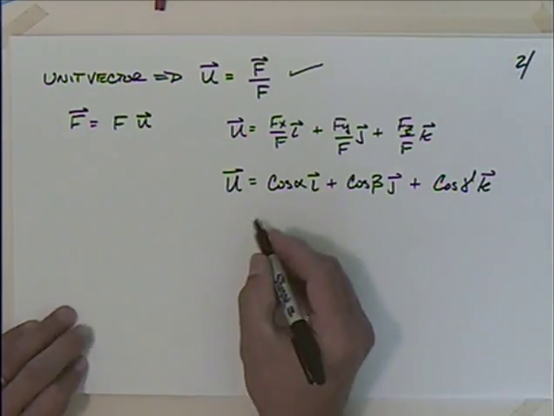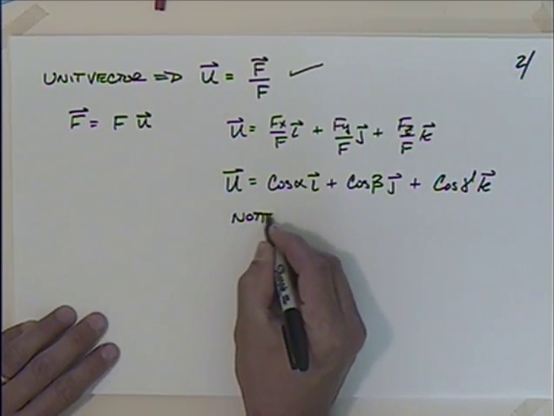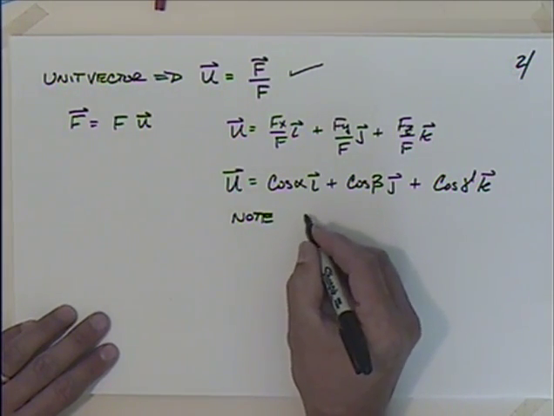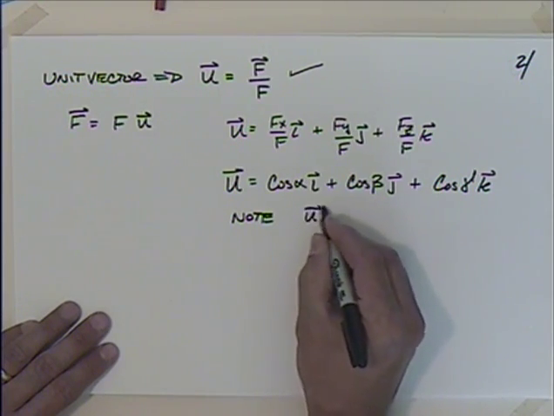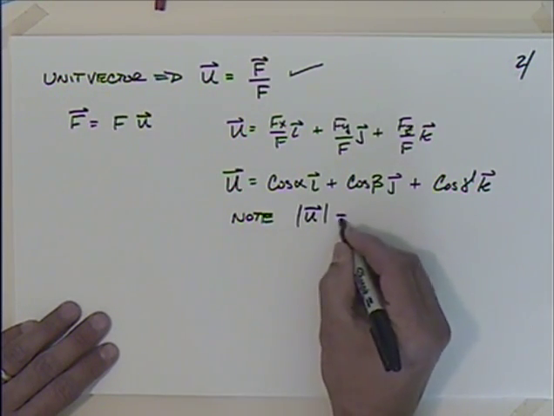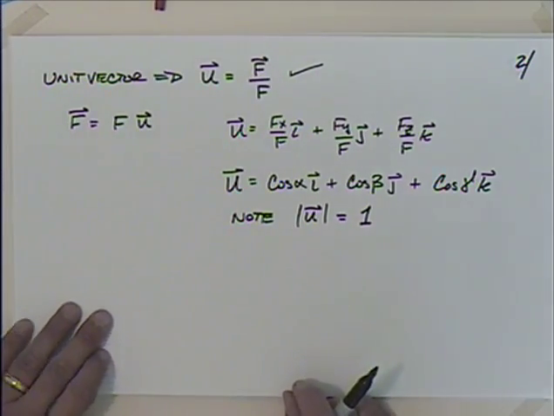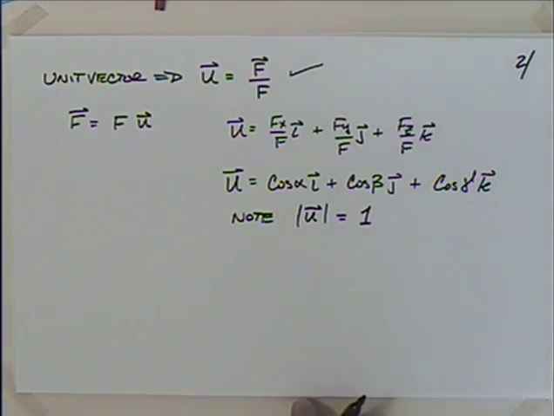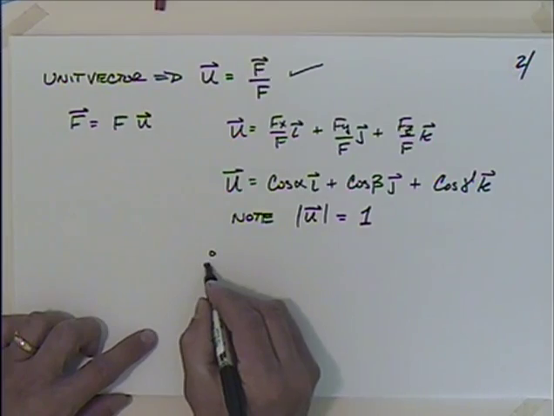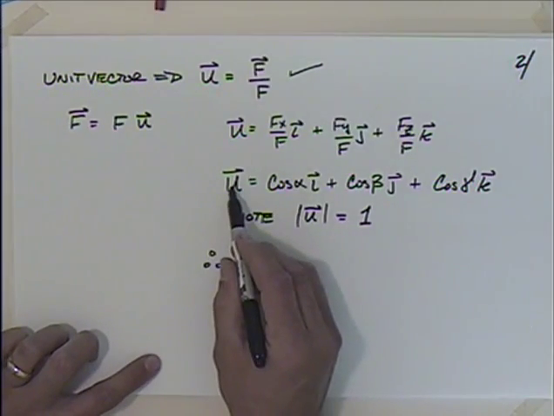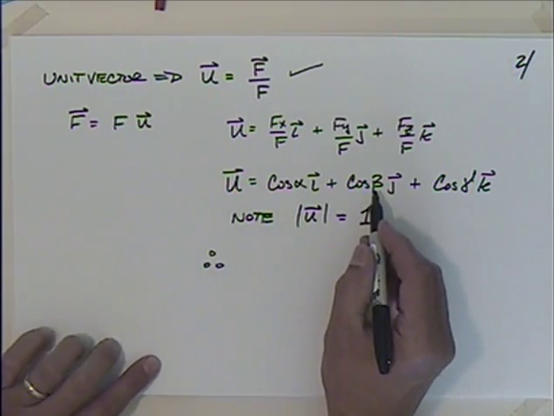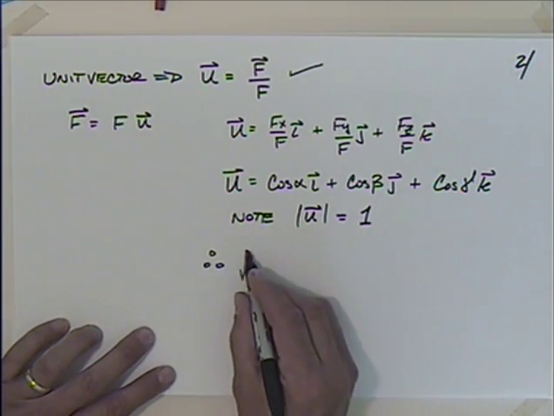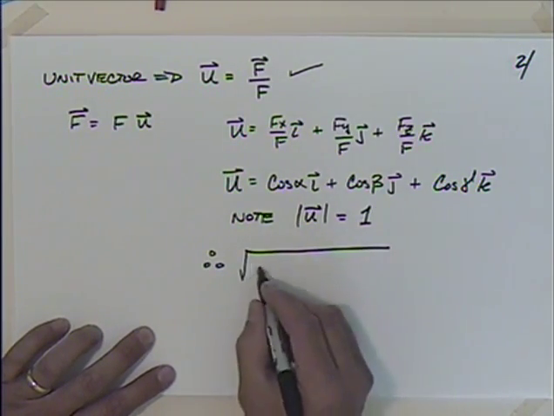Now if we remember, note that the magnitude of the unit vector has to be 1, doesn't it? We said the unit vector had a magnitude of 1. So we can say then, if the magnitude of the left-hand side has to be 1, what's the magnitude of the right-hand side? Well, that's fairly easy to ascertain.